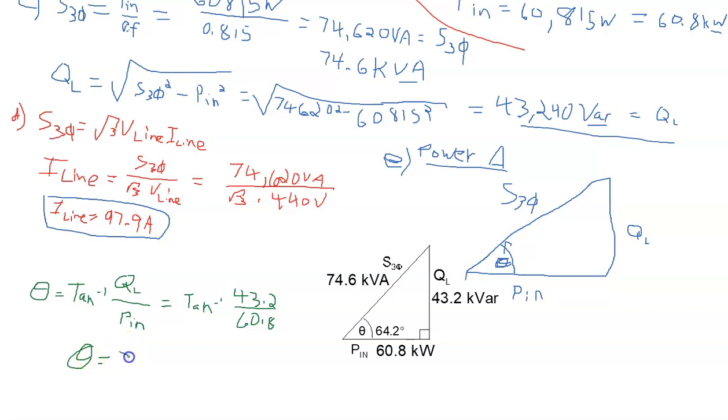And that gives us, well, I got 35.4 degrees for that. And that is a lagging phase angle. And so that means that I got a mistake, I think, on that triangle that I brought in, because that number there is not correct.